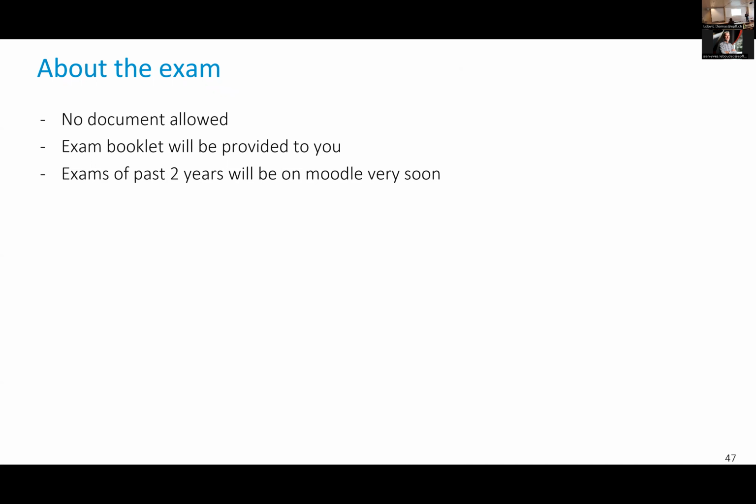So no document, everything in the head, except perhaps a few formulas that are too complicated to learn by heart, and that are in the exam booklet. Everything that's not in the exam booklet, you will not have documents for. And we will post the exams of the past 2 years very, very soon. When will the exam booklet be updated for this year's exam? This week.